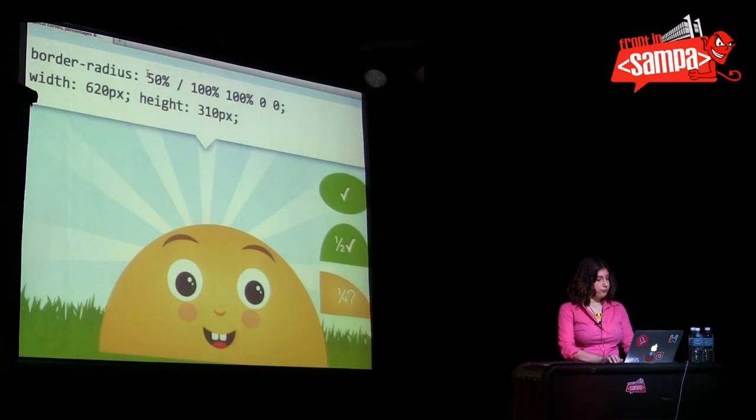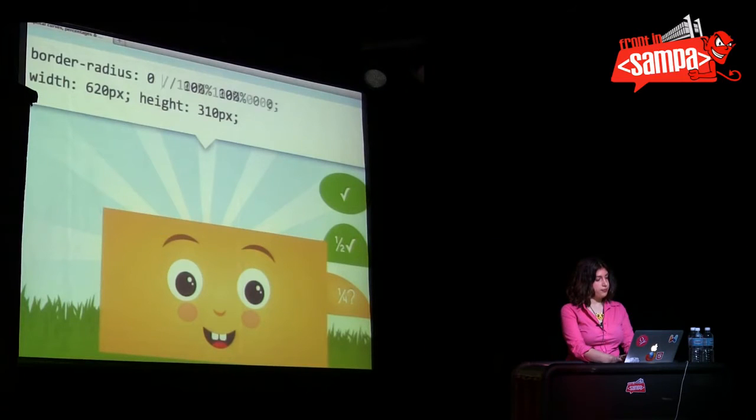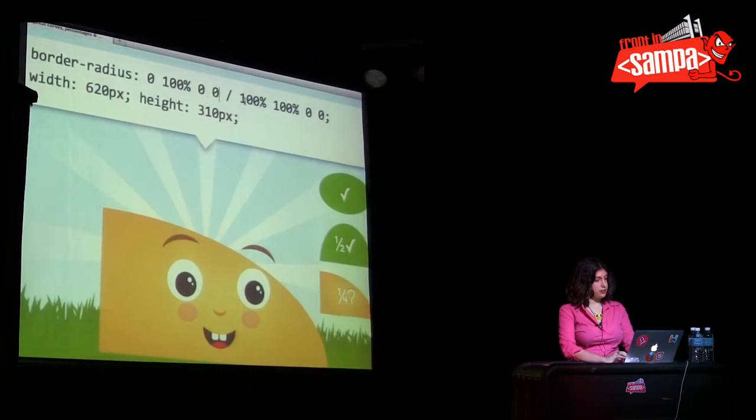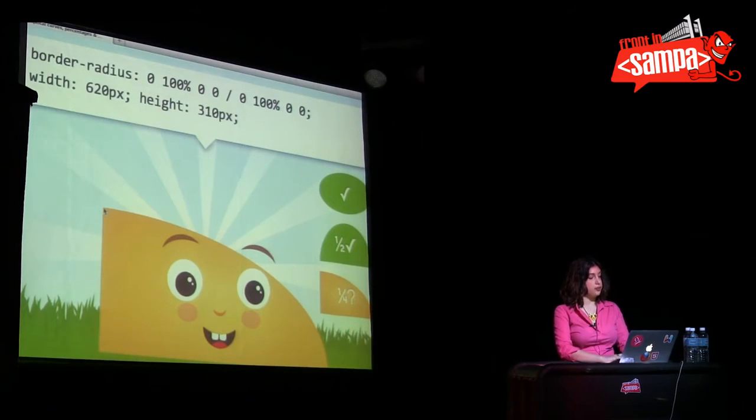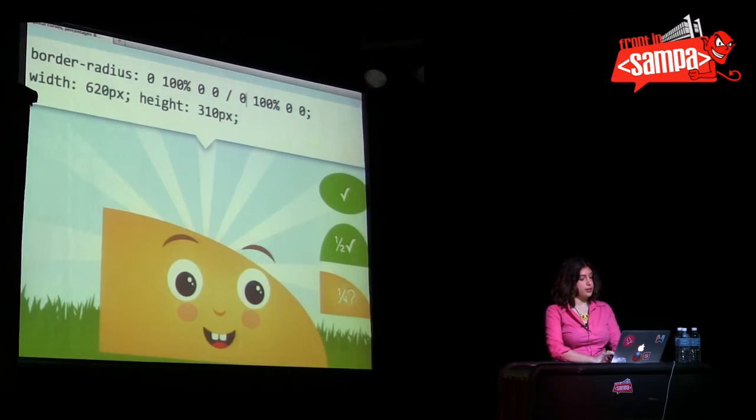So, horizontally, we have 0 at the top left corner, 100% at the top right corner, and 0 at the other corners. And vertically, it would be the same, 0 at the top left corner and bottom left corner and bottom right corner, and 100% at the top right corner.